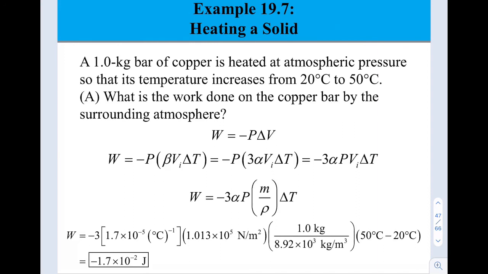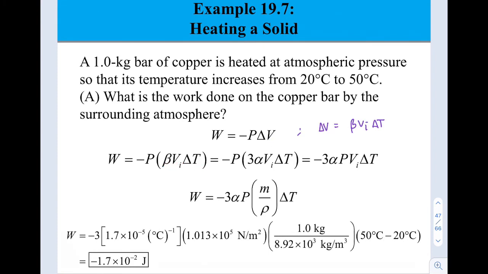So for delta V, this is a recall, delta V is equivalent to beta V initial delta T, right? So we have substitution of delta V here, right?